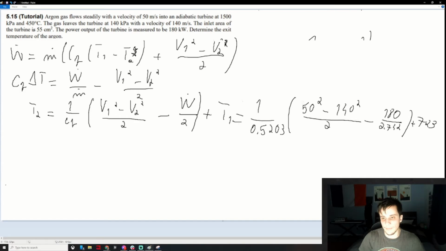So just multiply this by 10 to the power minus 3. That's really badly written, but again to reiterate, multiply the kinetic energy change that you find by 10 to the power minus 3, because you convert joules to kilojoules. Okay, and you should find a value of temperature 580.4 Kelvin, and that's your exit temperature of argon.